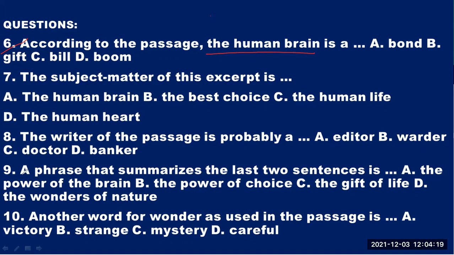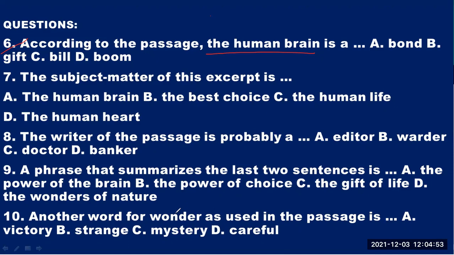All right. Now, question number 9, a phrase that summarizes the last 2 sentences is, A, the power of the brain, B, the power of choice, C, the gift of life, D, the wonders of nature. Well, we will find out when we read the passage, but this question requires us to pay attention to the last 2 sentences.